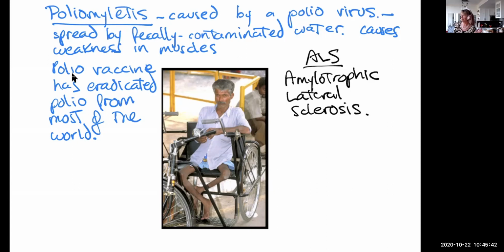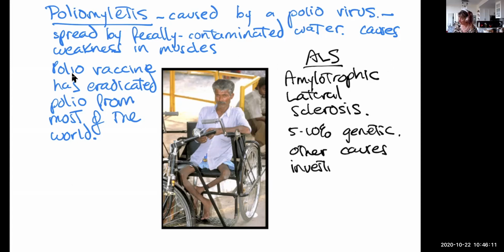And so apparently about 5 to 10% of causes of ALS are genetic. Other causes are still being investigated. It isn't fully known what the causes may be.